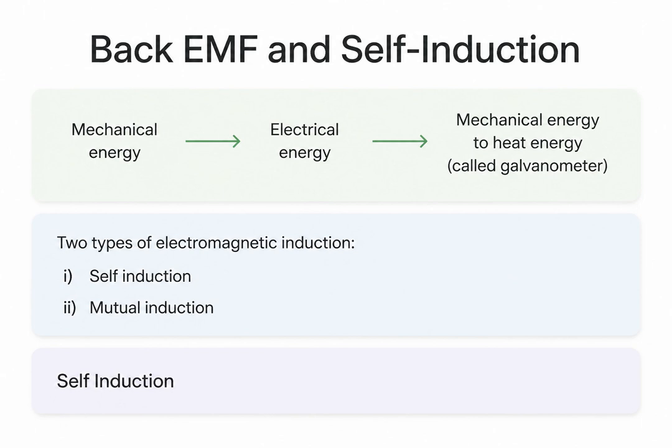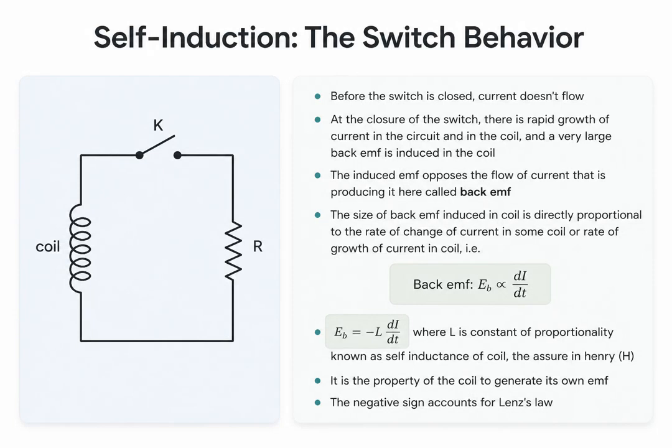Let's focus on self-induction first. When a switch closes in a circuit with a coil, something interesting happens. Current doesn't instantly reach its steady value. Instead, it grows rapidly, and during that growth, a large back EMF appears in the coil. This back EMF opposes the current that's creating it, which is why we call it back EMF.